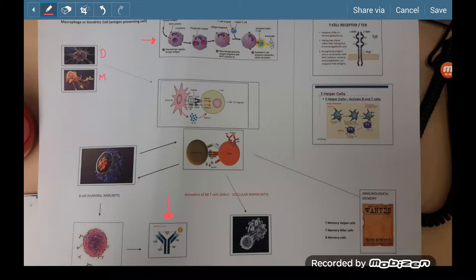It wouldn't be the whole pathogen, it would just be a small sequence of non-self that the dendritic cell or macrophage recognizes. And it digests the antigen, it will actually digest the whole pathogen.